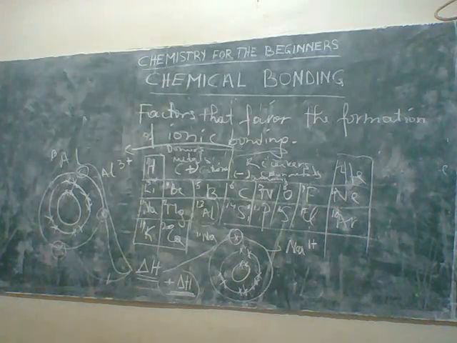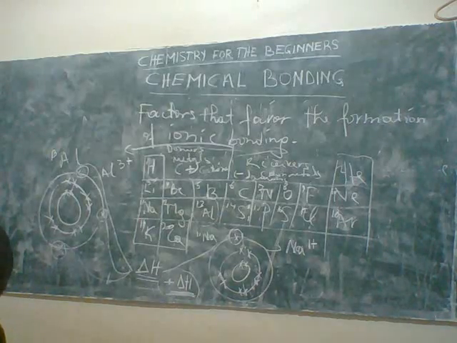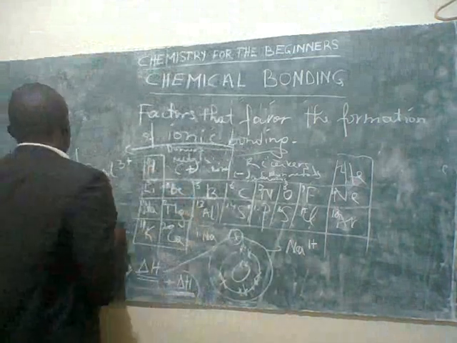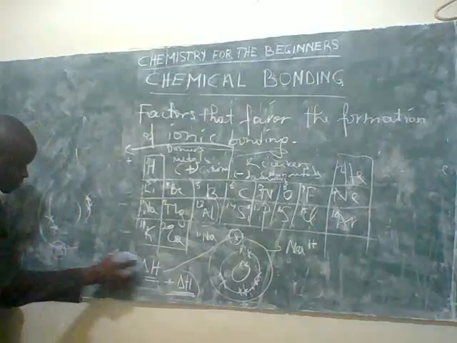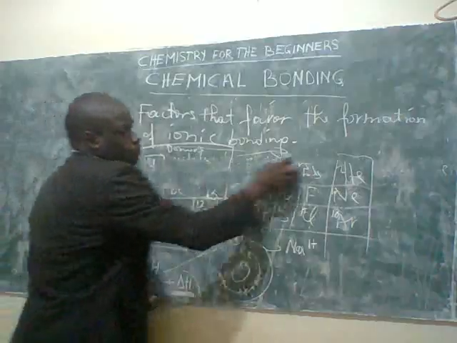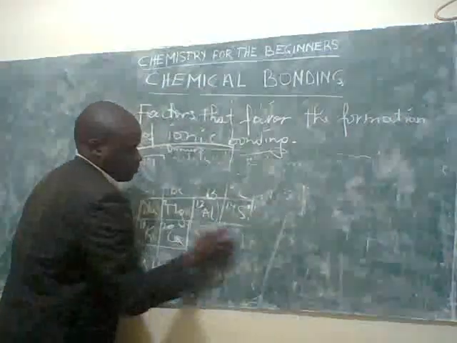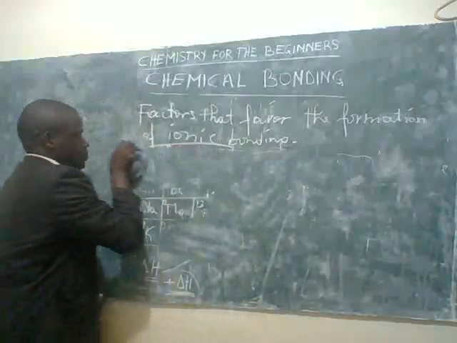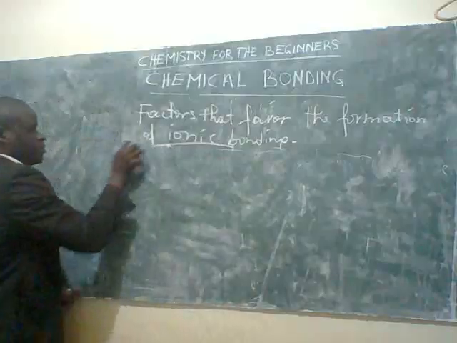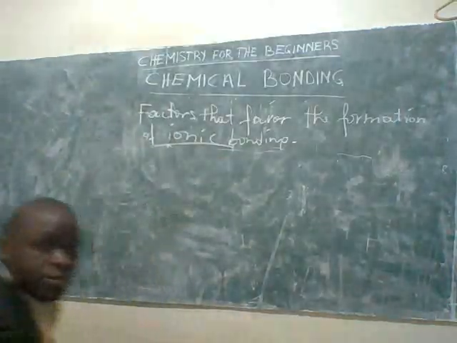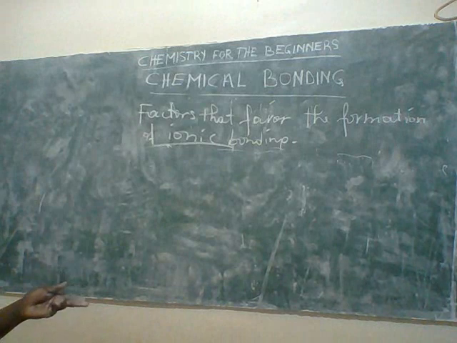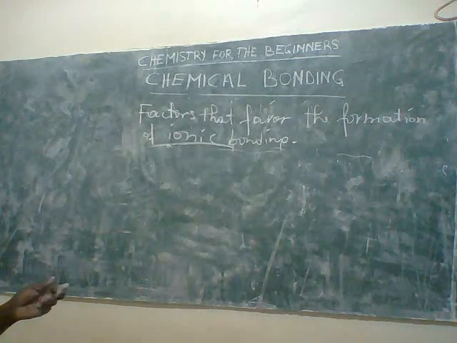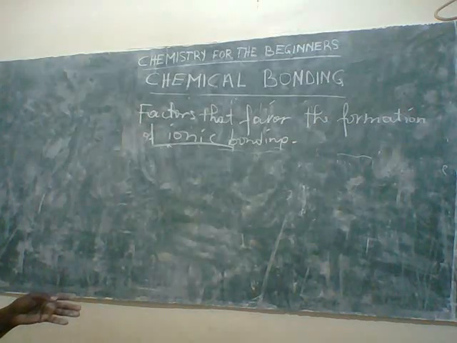So, the electronegativity also. I can say that the second factor we're explaining, the factor one being done, the second factor is the electronegativity difference of two atoms which are going to combine together.